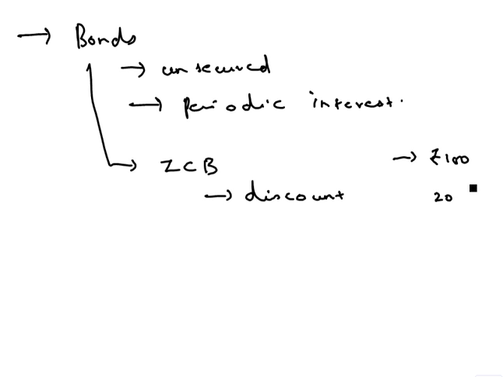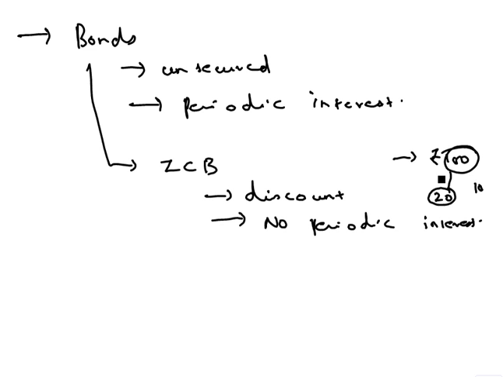After, let's say, 10 years, I'll be getting 100 rupees. This is called a zero coupon bond. So here no periodic interest payment is being made. The difference between the issue price and the redemption value, that is 80, is the return to the investor.